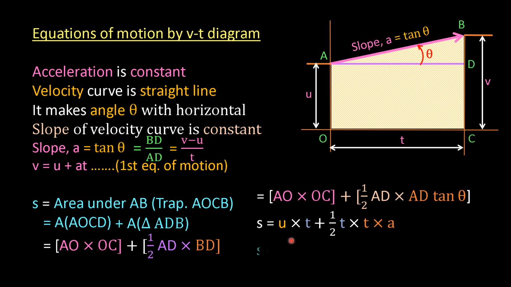By substituting various values, we write in place of AO we put U, for OC we put T, again for AD we put T, and for AD again T tan theta, which will be S equals UT plus half AT square, and this is our second equation of motion.